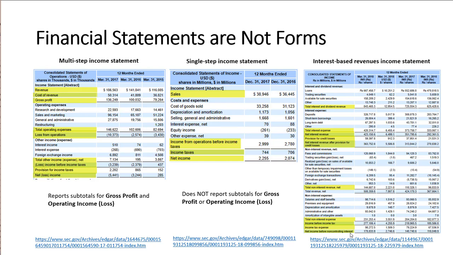There is no total for even total expenses, but then you have income from operations before taxes. The third one is a completely different format. That's basically a bank's financial statement. It's interest-based reporting. The point is, financial statements are not forms. You can take those 4 concepts, revenues, expenses, gains, and losses, and break those out in different ways, and that's how you create an income statement.